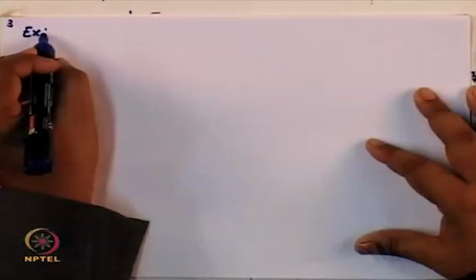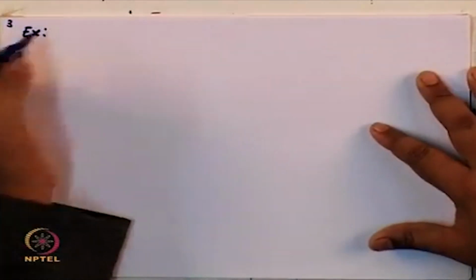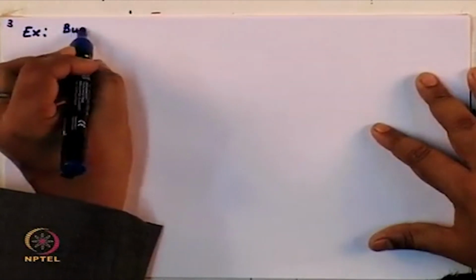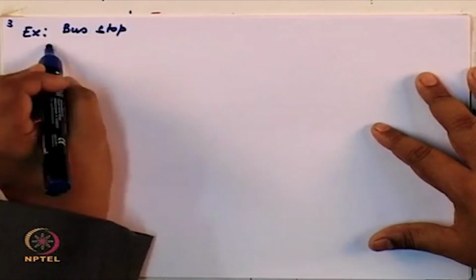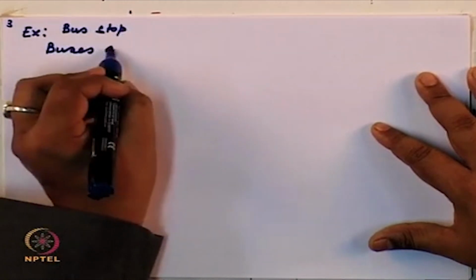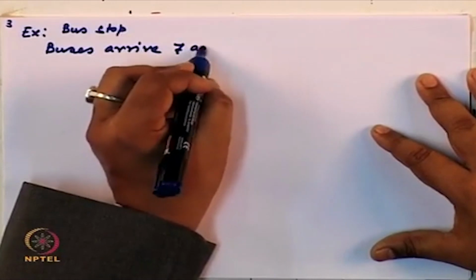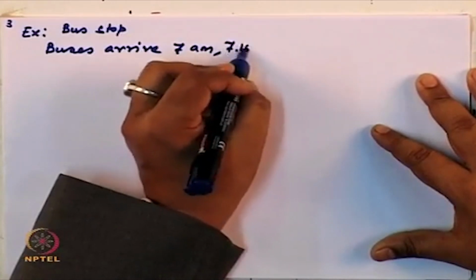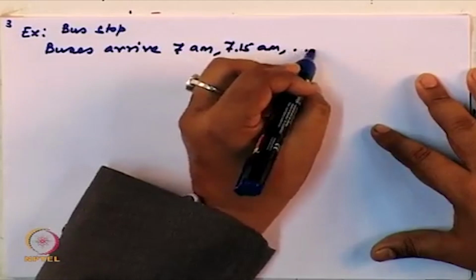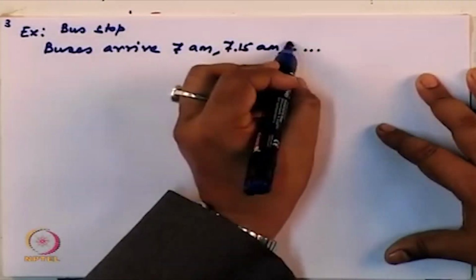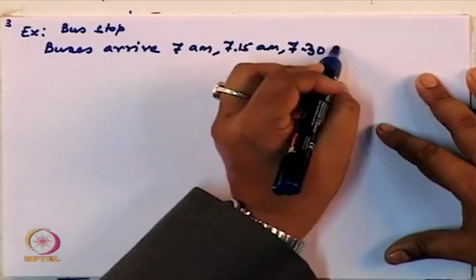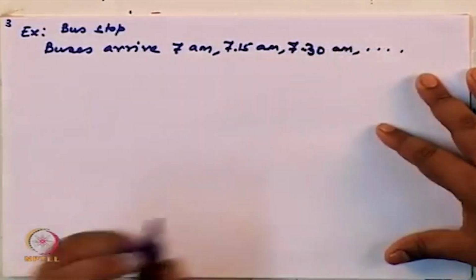Let us take one more example. Imagine at the bus stop, your buses arrive every 15 minutes. So, they arrive at 7 a.m., 7:15 a.m., 7:30 a.m. and so on and so forth.